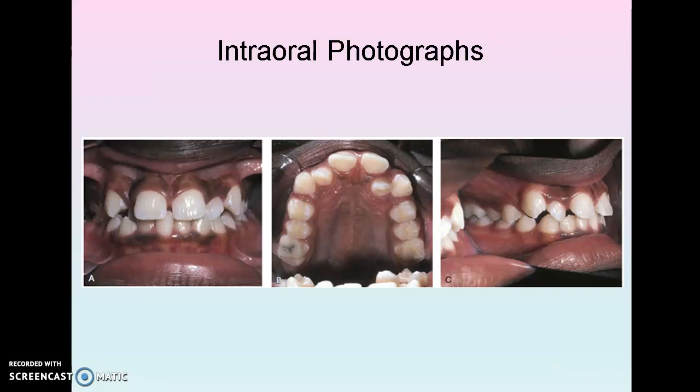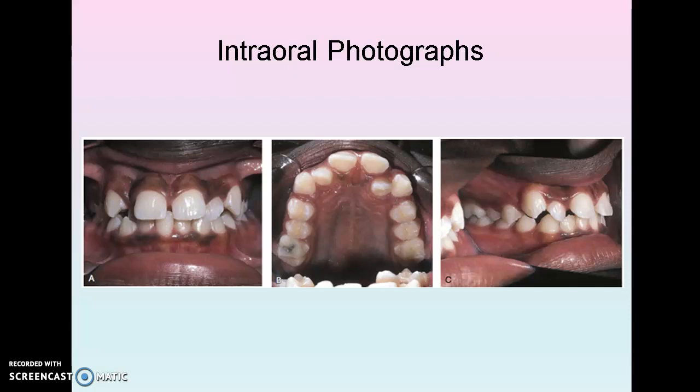Here are the standard intraoral photos, and we have A, looking at the occlusal, or the teeth from the front, and looking at the relationships of the maxillary and mandibular teeth. We have the maxillary shot using a mirror in photograph B, and photograph C is looking at the right buccal occlusal relationship.